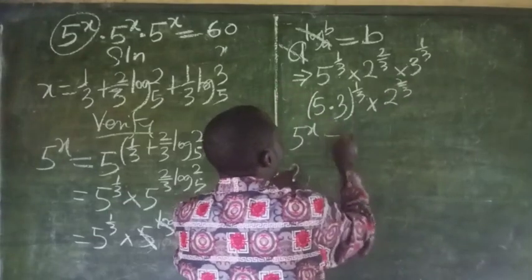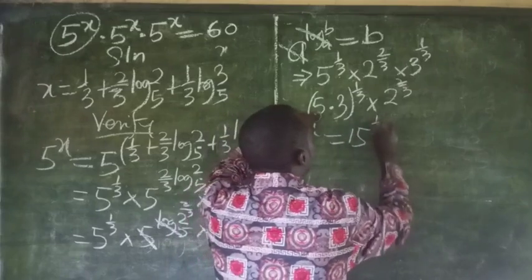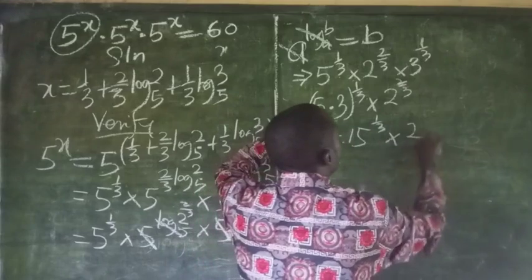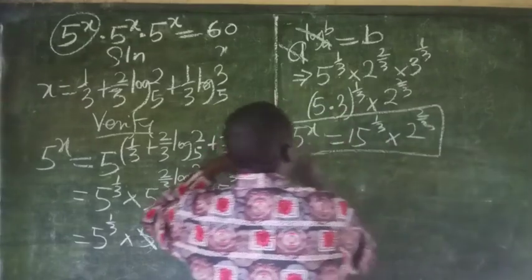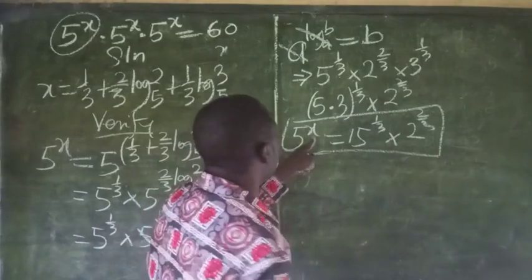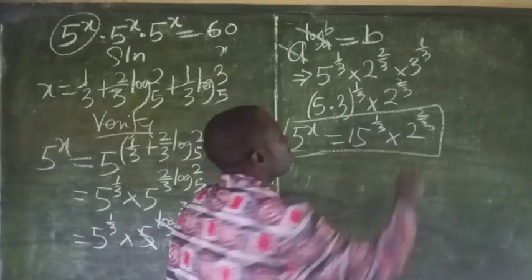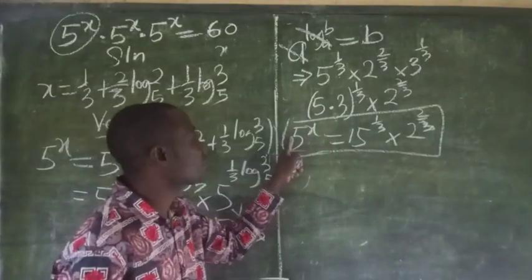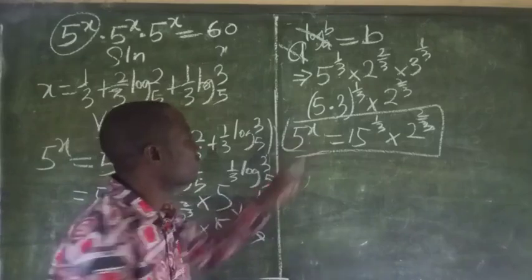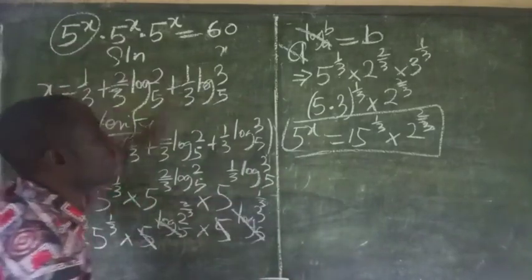5 raised to power S is equal to 5 times 3, 15 raised to power 1 over 3 times 2 raised to power 2 over 3. Just one part, 5 raised to power S. So what if we do the same for the 3 part, 5 raised to power S and 3?